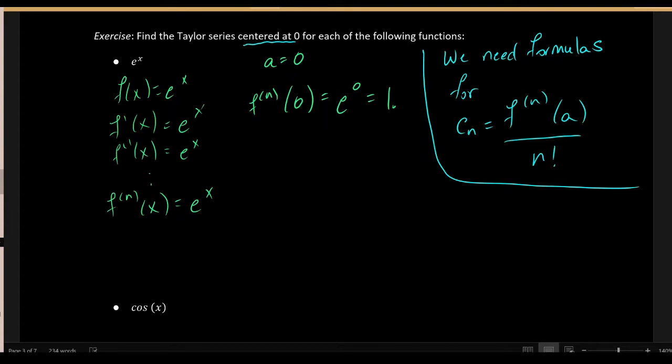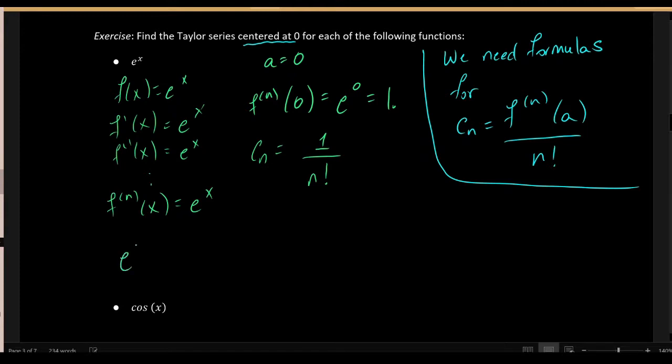Therefore, what is the nth coefficient for the Taylor series for this function? The nth coefficient is equal to the nth derivative, 1, divided by n factorial. So let's put this all together in sigma notation to finish this problem.